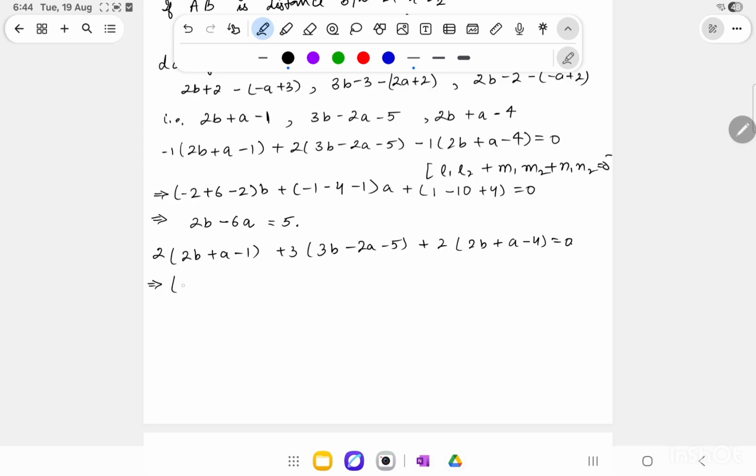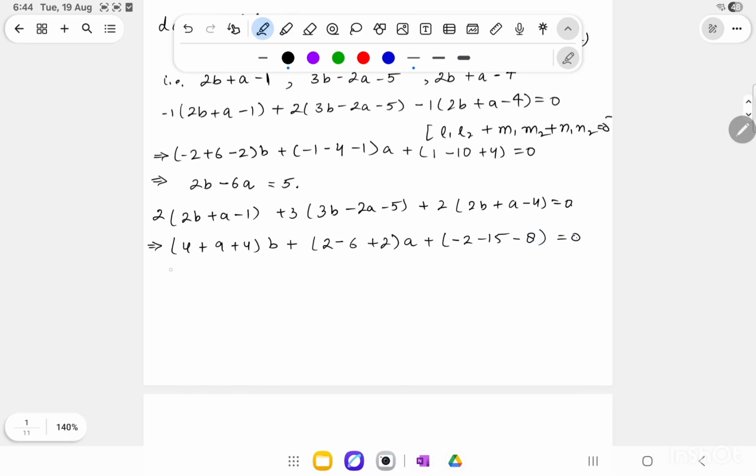And if I simplify it, I'll get 4 plus 9 plus 4b plus 2 minus 6 plus 2a plus minus 2 minus 15 minus 8 equals 0. On further simplifying it, I'll get 17b minus 2a equals 25.